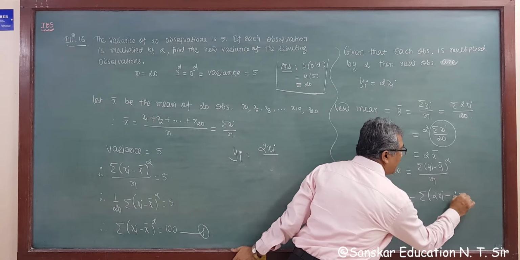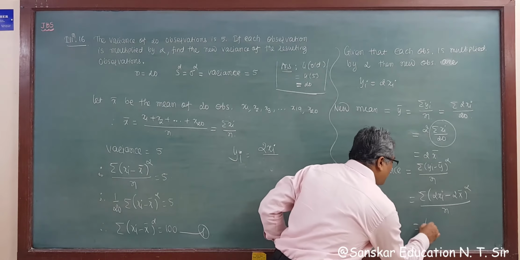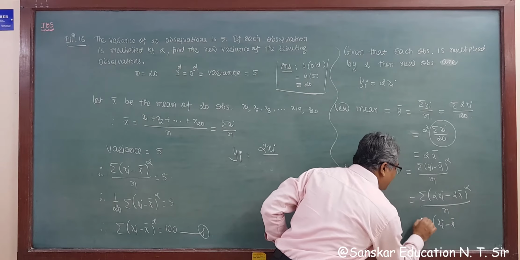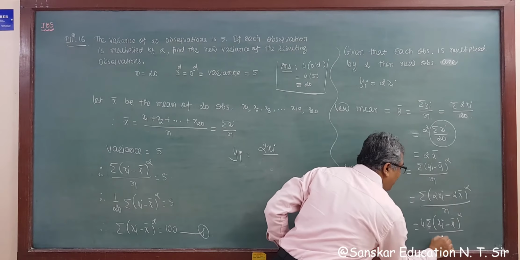Now 2 is common, that is 4 is common. So this is 4 into sigma xi minus x bar whole square upon n, that is 20. Sorry, I forgot to write sigma.